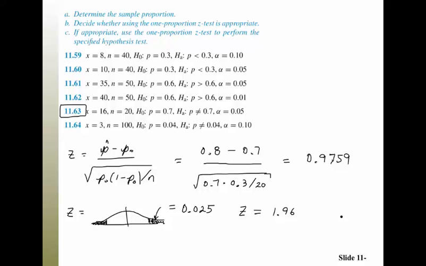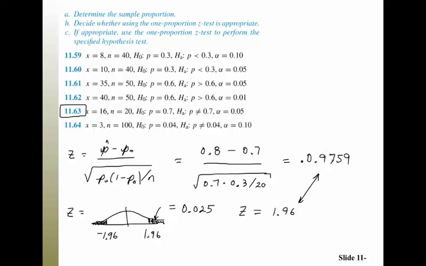1.96. So if we're doing the critical value testing, we're comparing these two. Are we going to reject or not reject the null hypothesis? This is 1.96, and then we'll have negative 1.96. Where do we fall here?